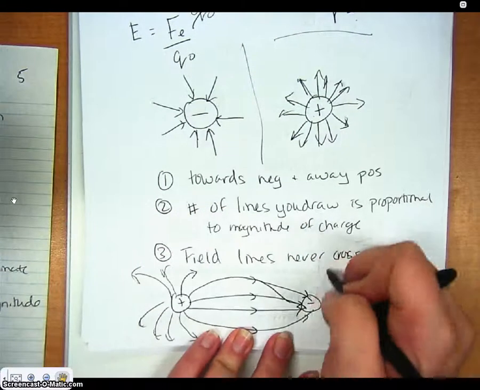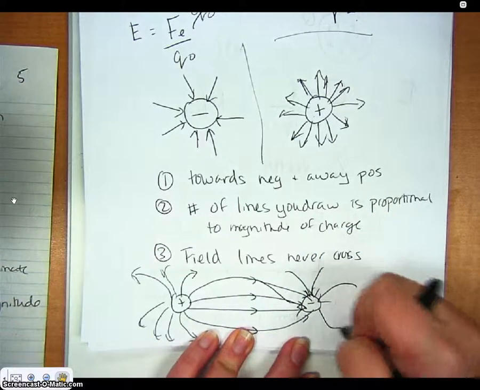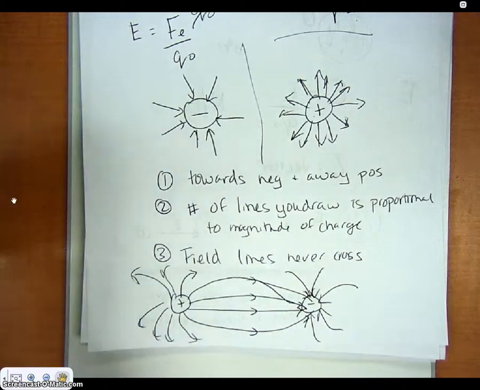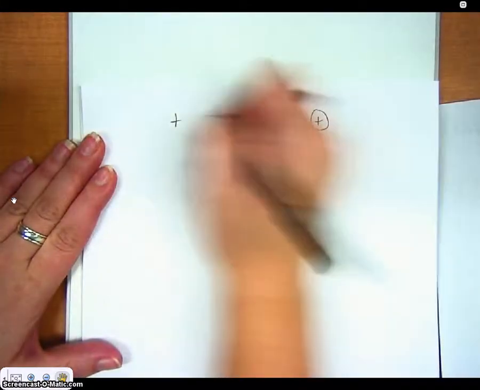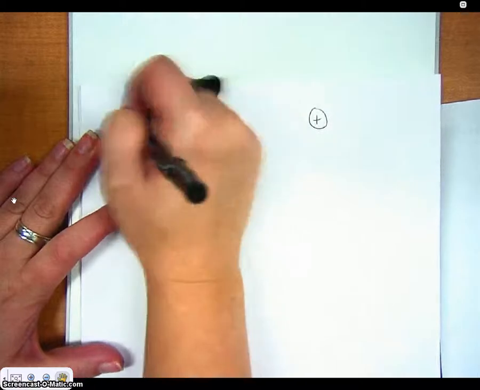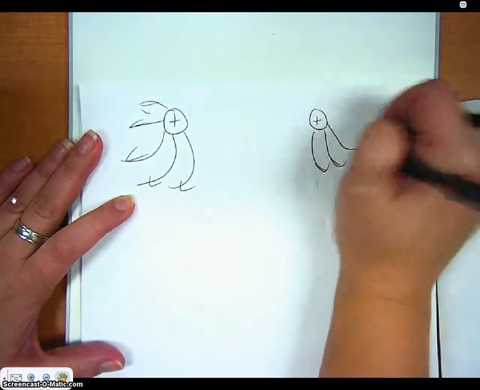And then here you're going to have field lines in. Just keep in mind that they will interact with one another. Those are a positive and a negative. If you have like charges, remember the field lines actually repel each other, so they're all going to look like this, pushing away from each other.